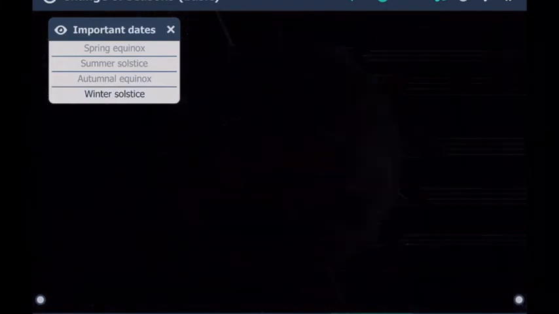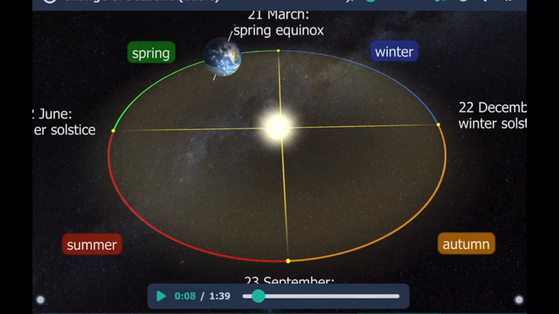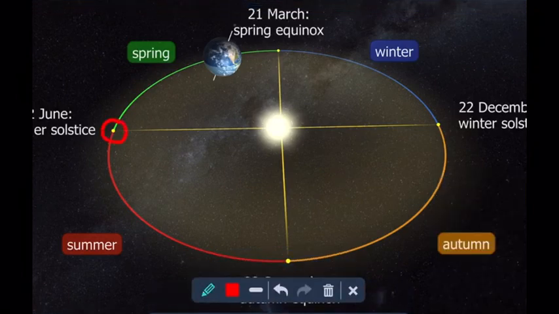Okay? So these are the four main positions, and seasons change because the Earth orbits around the sun. These are the four main things we need to know. This happens in these 4 points with summer solstice and winter solstice.